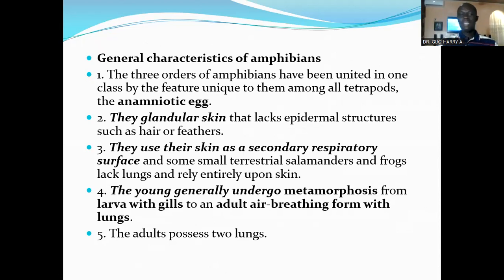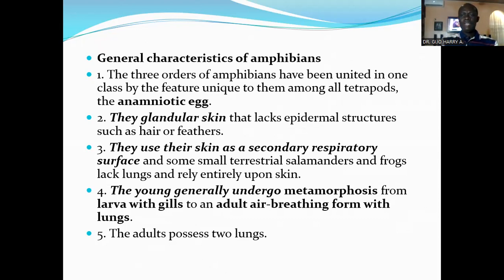They even lack scales that are found in fishes and reptiles. They use their skin as a secondary respiratory surface, and some small terrestrial salamanders and frogs lack lungs and rely entirely upon their skin. So their skin is used for secondary respiration, and this use of the skin for respiration is called cutaneous respiration. So most amphibians exhibit cutaneous respiration.